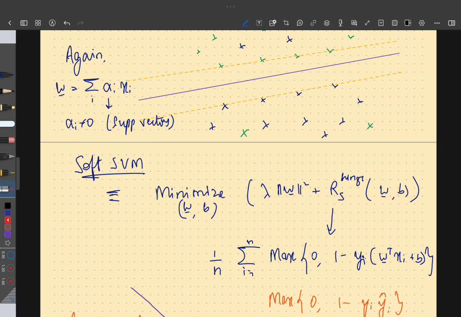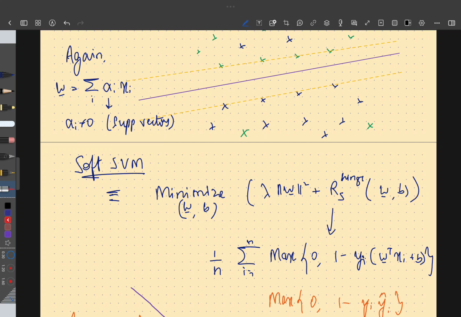We'll maybe see that a little later in the course. But viewing this as ERM with L2 regularization, you can derive bounds on the generalization error with respect to the hinge loss. And because you have a bound with respect to the hinge loss, you also almost for free get a bound on the generalization error with respect to the 0-1 loss.